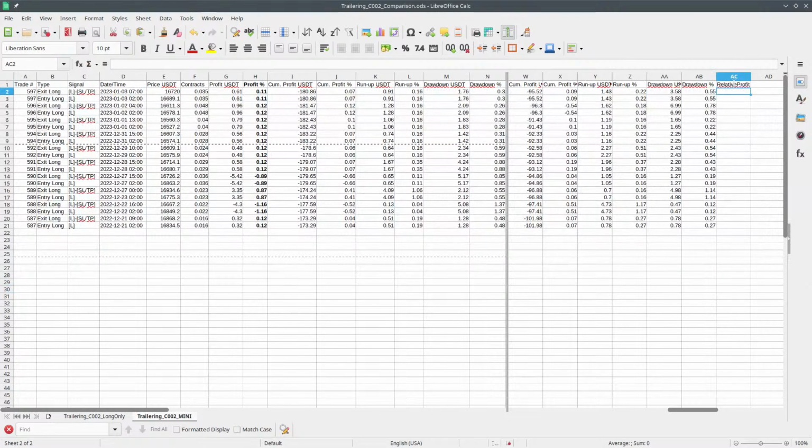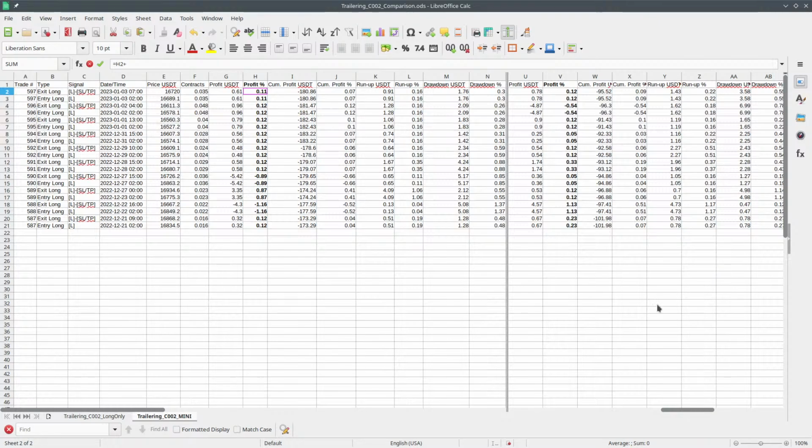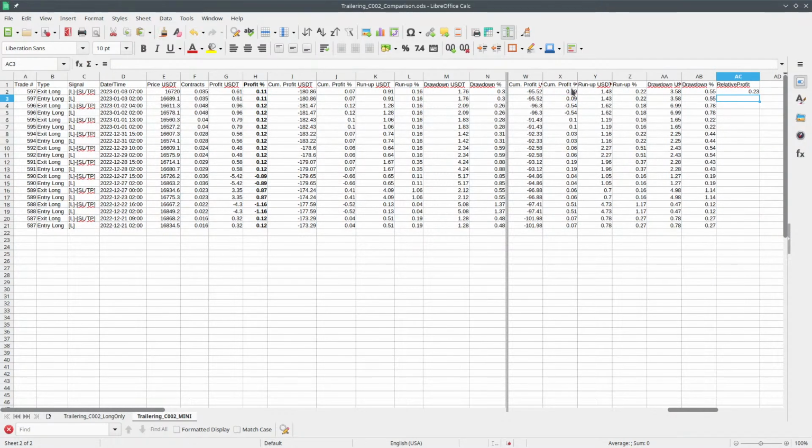Relative profit. So this is going to be profit from here plus profit from the right, which is this one here. Let's do the calculation now. Let's do sum here.